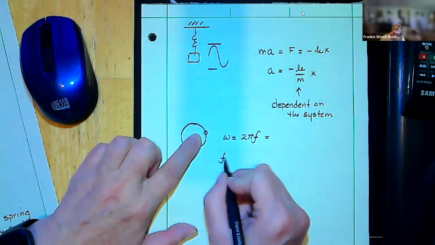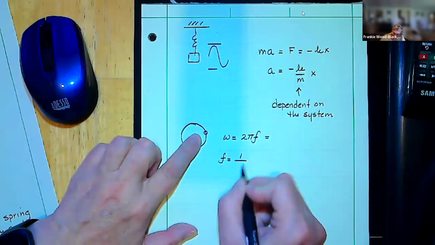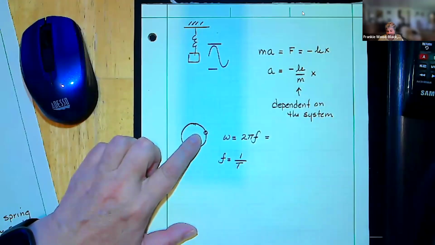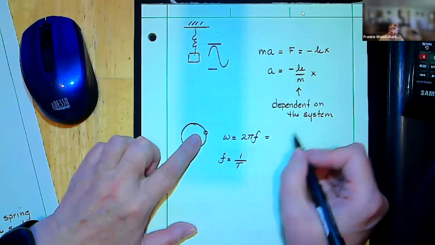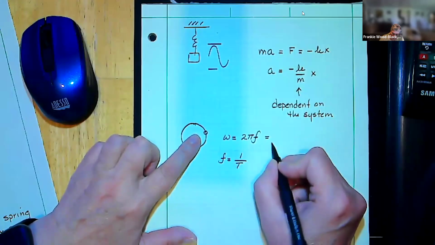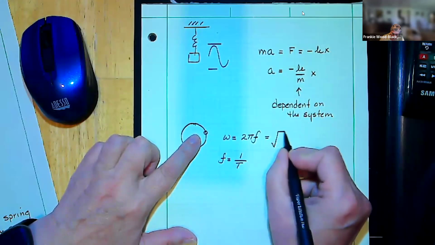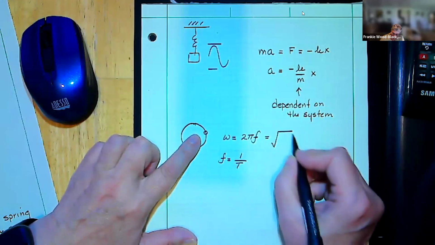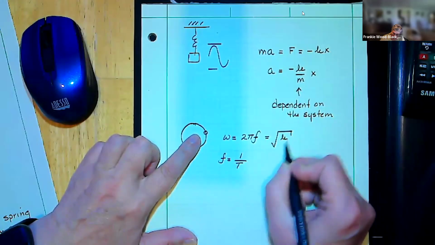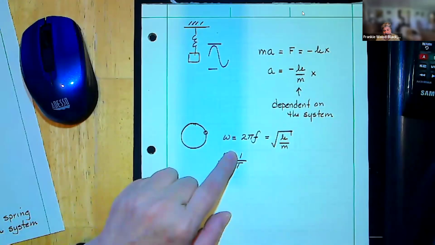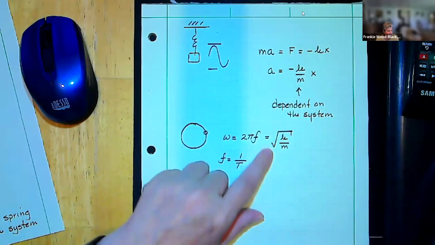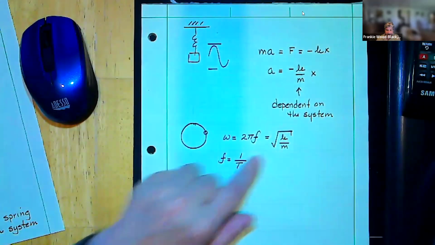And remember that frequency is also equal to 1 over the period. So I got 2 pi times the frequency. But this turns out, if I'm going around my complete circle, this also is related to my system. So my angular velocity is going to be related to my system.